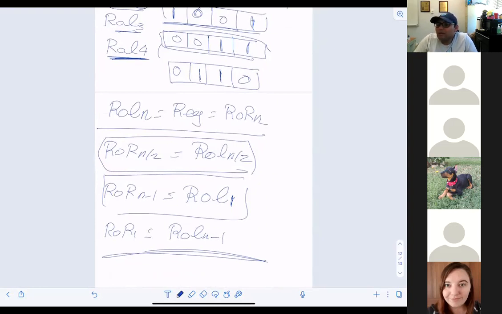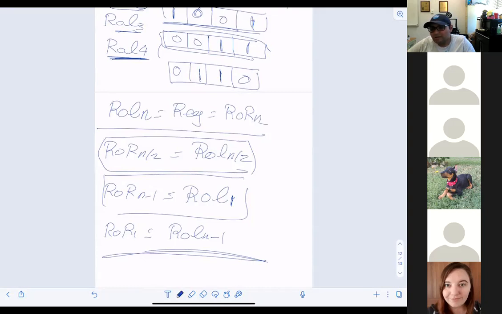So what does it mean? Imagine let's say that my register is 128-bit, right? If you know rotation left 128 divided by 2, it's going to be rotation right 128 divided by 2, right?